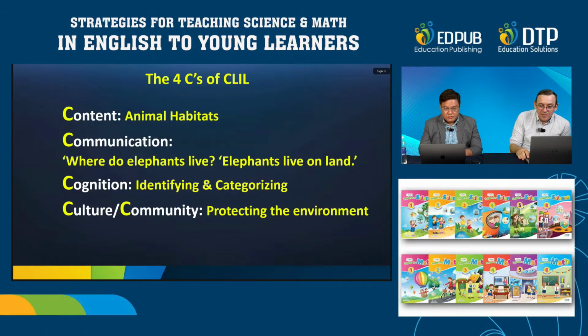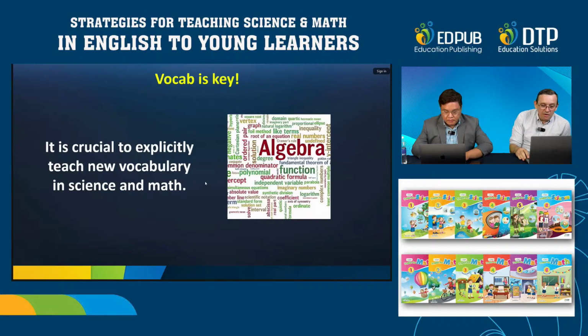Okay, let's move on from CLIL and have a look at vocab. So, as I said before, vocabulary is key. And I know some teachers think when we're teaching science and math, we don't teach the vocabulary explicitly, but we absolutely should.